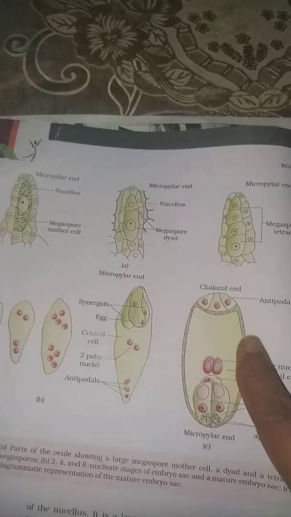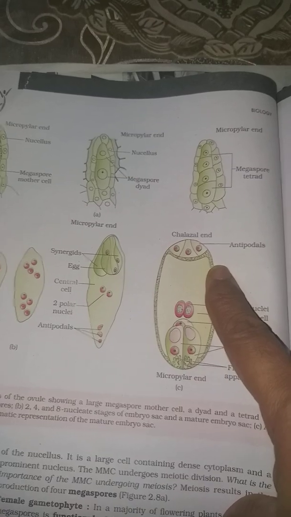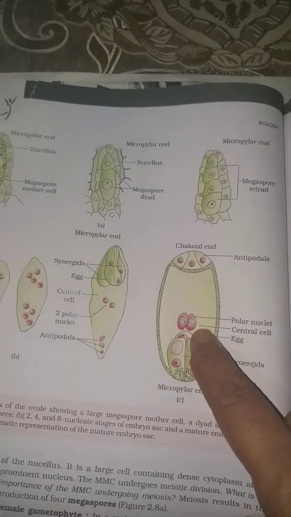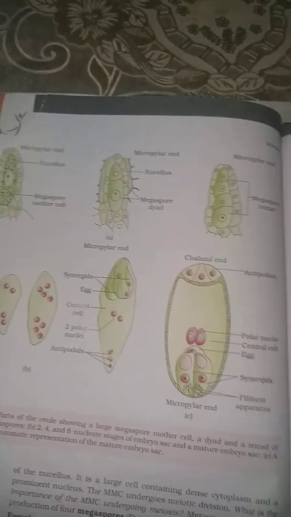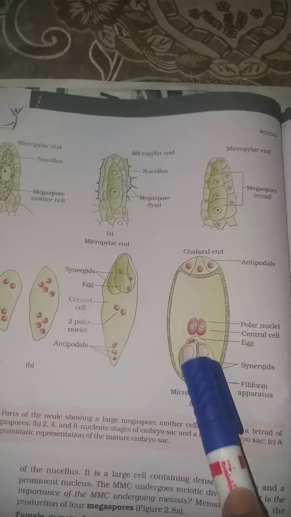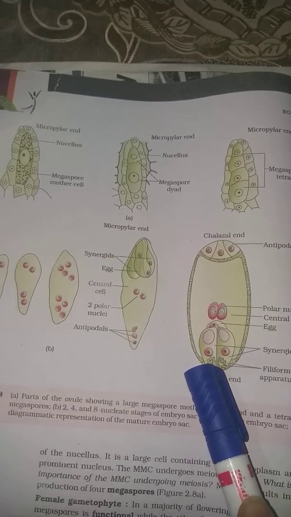This goes up and these go down. So we have the synergid cells at the top, and the antipodal cells are attached at the chalazal end. Then in the center you have the polar nuclei and the central cell.